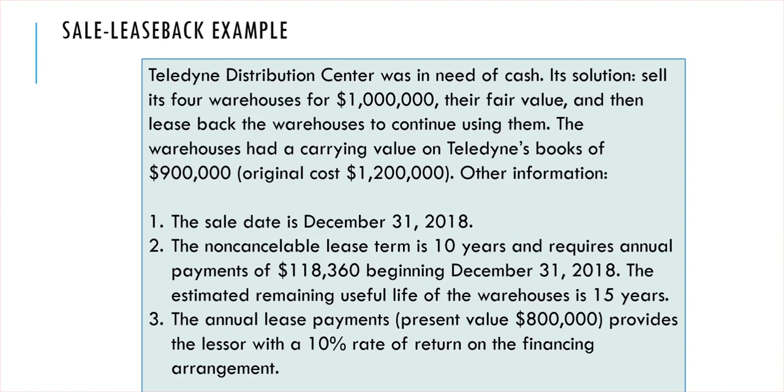Here's an example. They need cash, so they sell their warehouses and then they lease back the warehouses. Well, selling them will give them the cash in and it'll look like they have a gain on their financials, but they still have an obligation, don't they, to lease them? They still have a liability created.